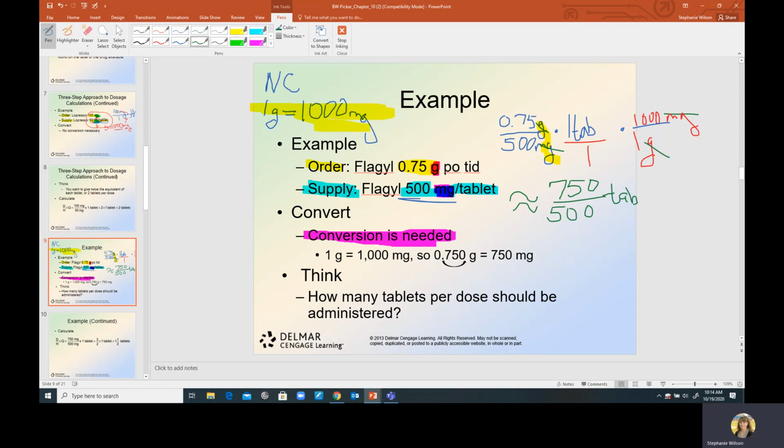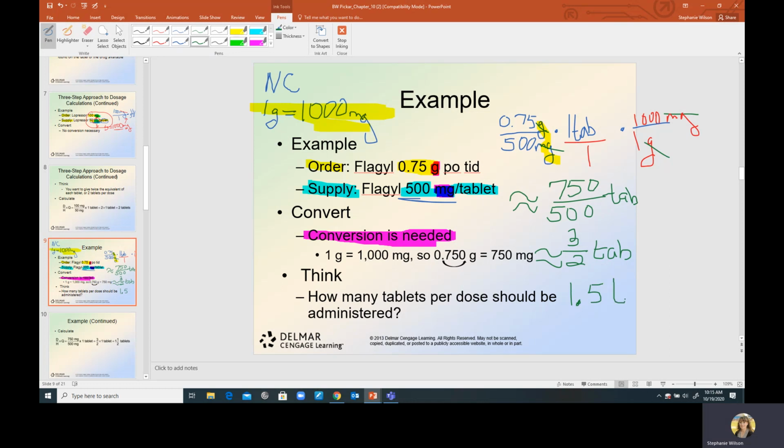So now what we're going to do is we're going to reduce this. We're going to say 750 divided by 500 gives me 3 halves tab, but you are not going to put that down on the order. The patient's going to take 3 halves, or tell the patient to take 3 halves. You're actually going to write this in decimal form.